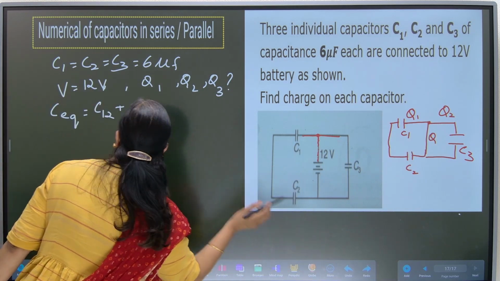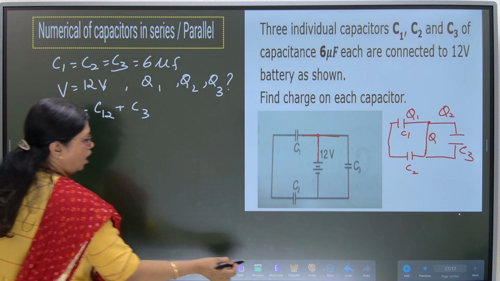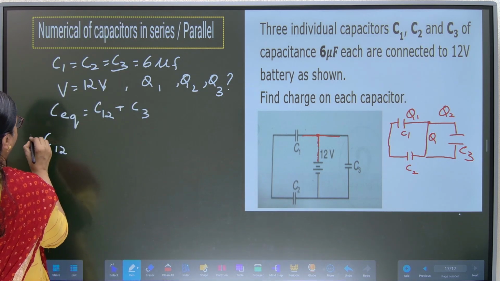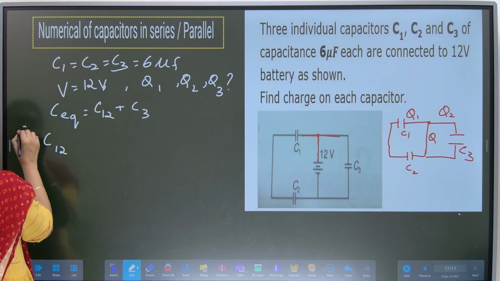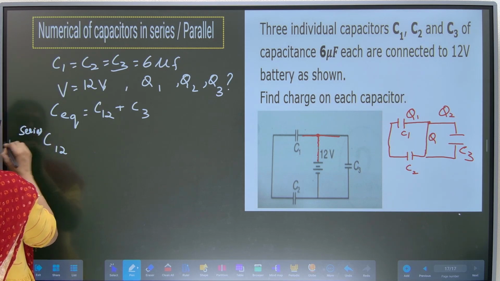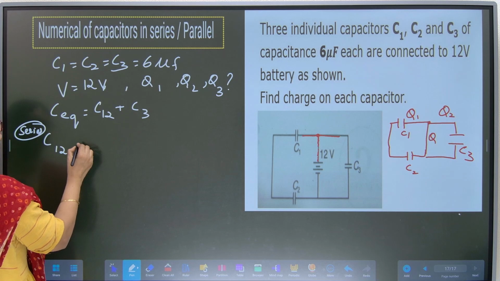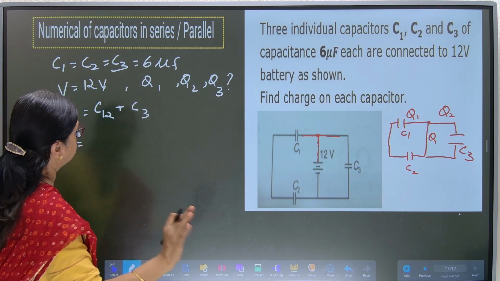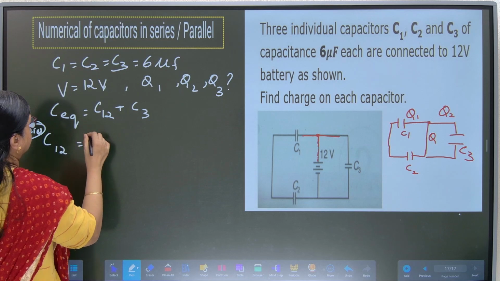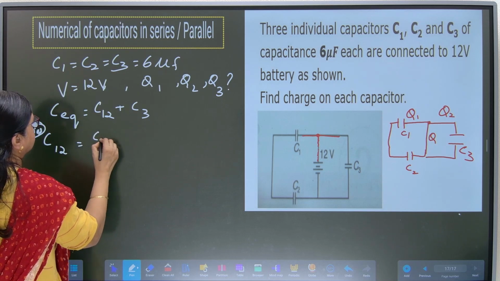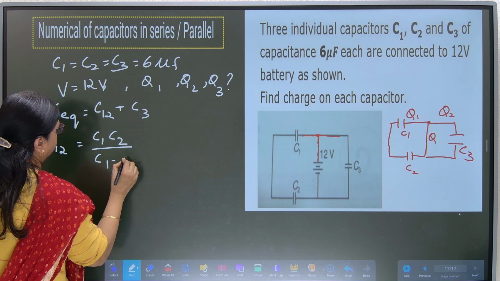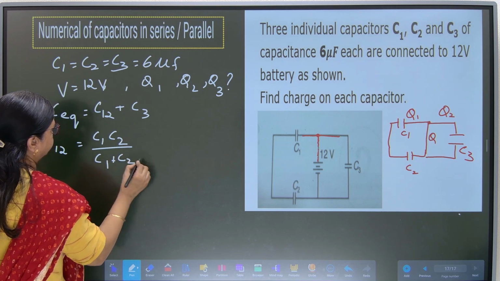C12 is a series combination of C1 and C2. Okay, I'll just write series so that you understand. For a series combination of C1 and C2, whenever there are two capacitances, just follow the formula C1 C2 upon C1 plus C2.